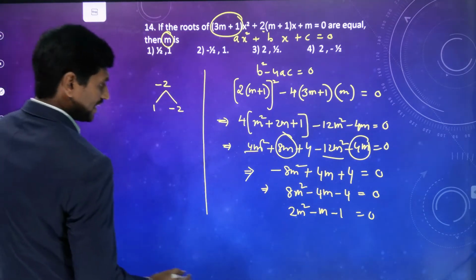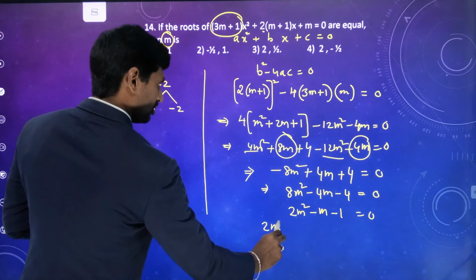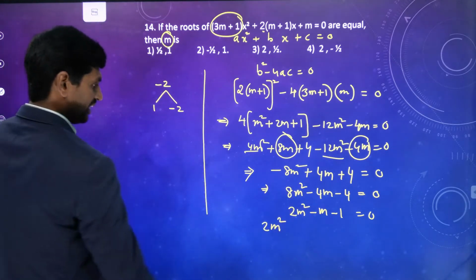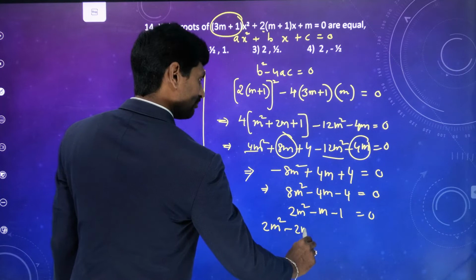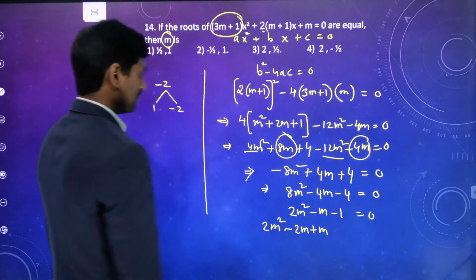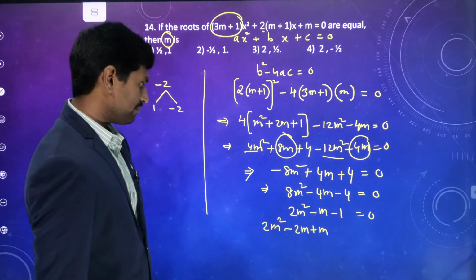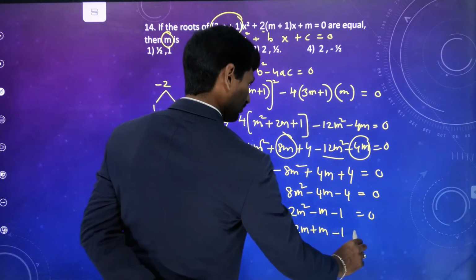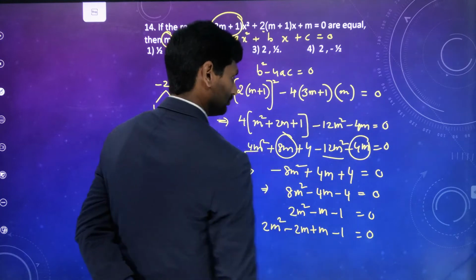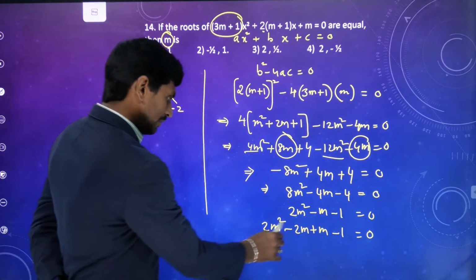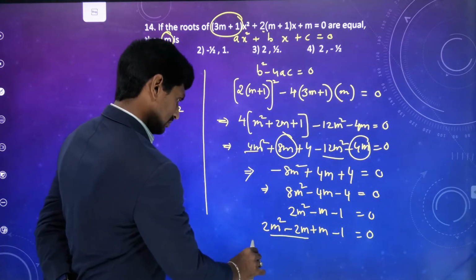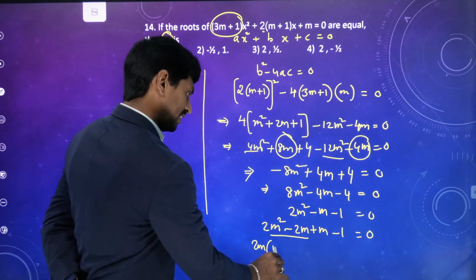So this value I can express as 2m square. Minus m I can write as minus 2m plus m. Minus 2m plus m is minus m. Take 2m as common from the first two terms. 2m common. What is remaining here?